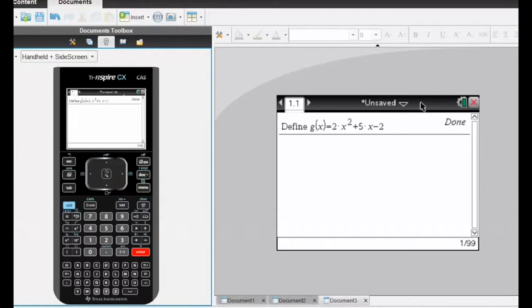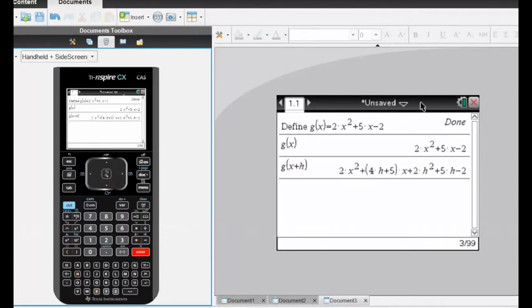Okay, so if I want to find out g of x, I just write g, comma, x, and up it comes with our answer. If I want to find g of x plus h, it goes through and simplifies it for us.